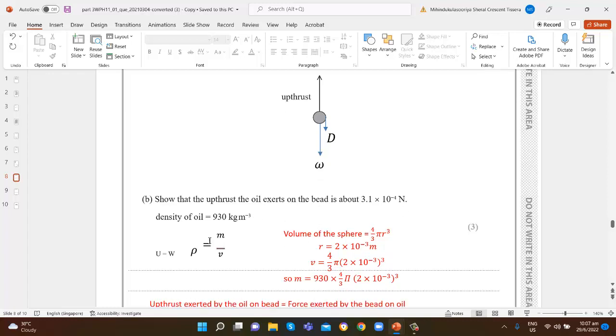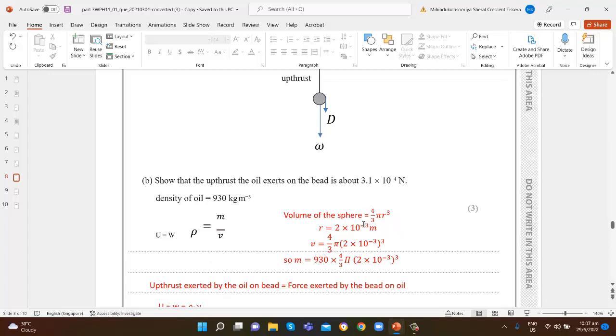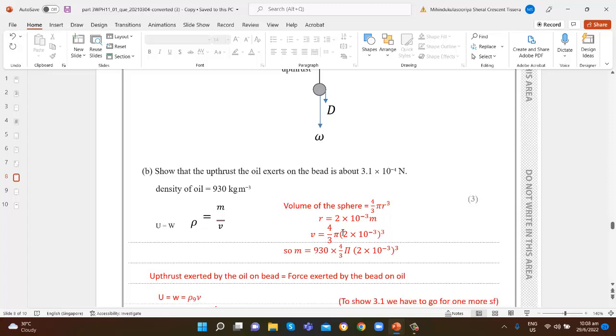So you know density equals M over V. So upthrust is actually W. So volume of the sphere, 4 over 3 pi r cubed. So you can find r. If you know r, you can find the volume. So M is going to be 930 times 4 over 3 and so on.